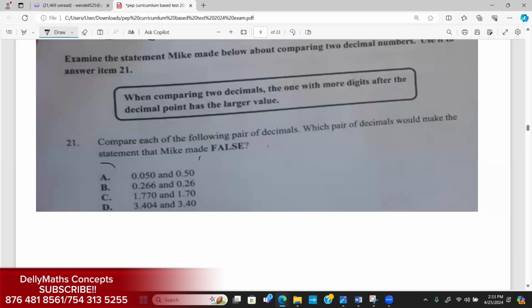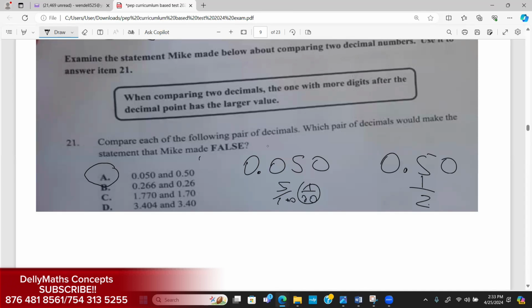Now, I'm seeing it at A already because we already know that 0.050 has more digits in the decimal than 0.50. This is a half. You know what this is? This is actually 5/100. This is actually about 1/20. So this is a very small thing compared to this.